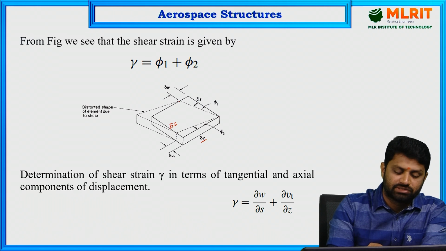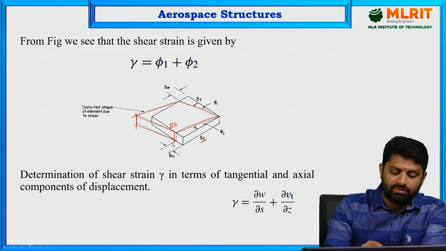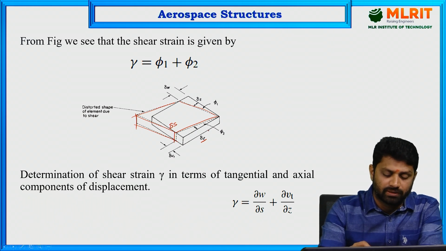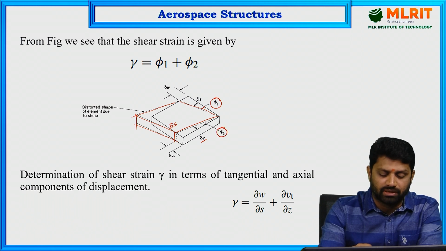This is the distortion you see in the diagram, and it moves away from its original cross section. While it distorts it creates a slope, and you can assume that phi 1 is the slope along the s direction and phi 2 is the slope in the y direction.